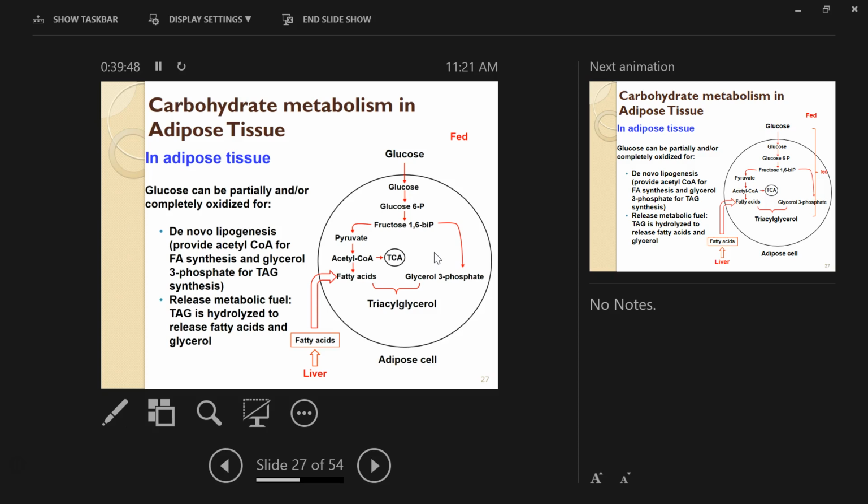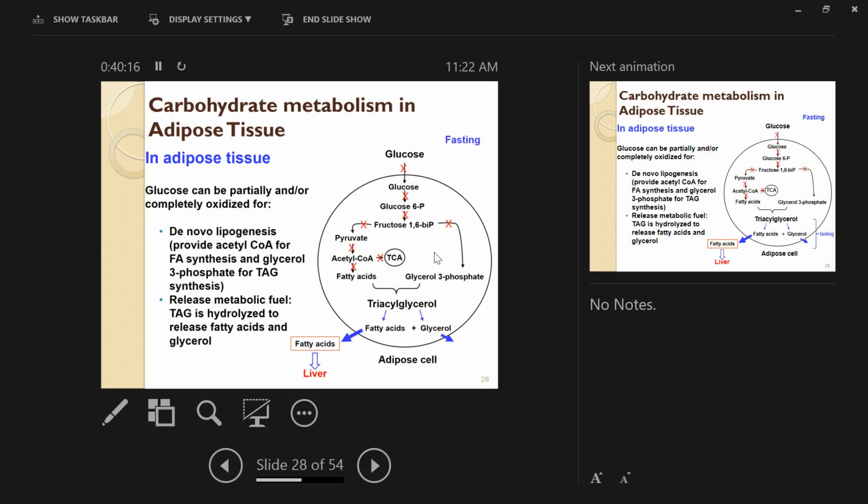Lipogenesis in the liver. So there's something happening during the fed condition in the fat cells. Again, the glycerol 3-phosphate glycerol backbone synthesis is the main pathway, right? Through the glycolysis in the fed condition in the adipose cells.